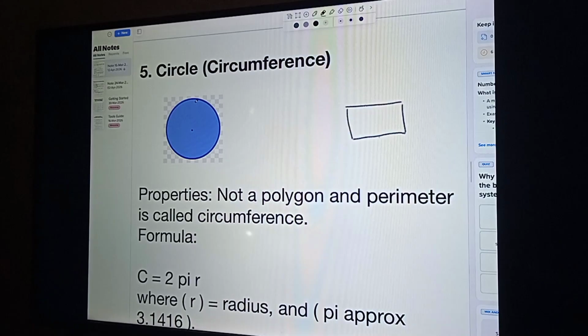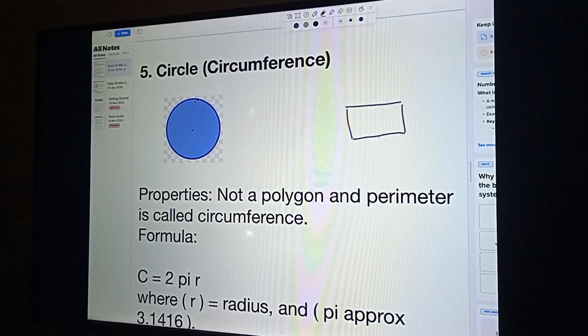But in a circle, as this circle has no straight sides, its boundary is completely curved. So unlike polygons, you can't count sides in a circle.